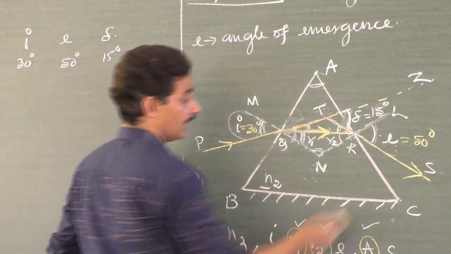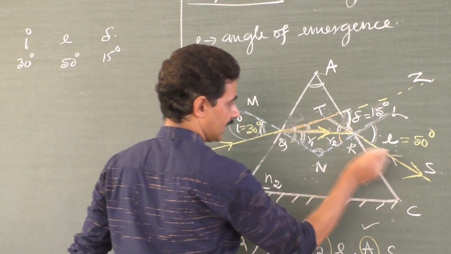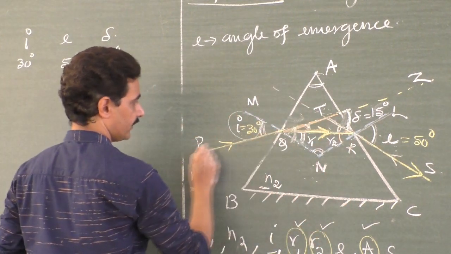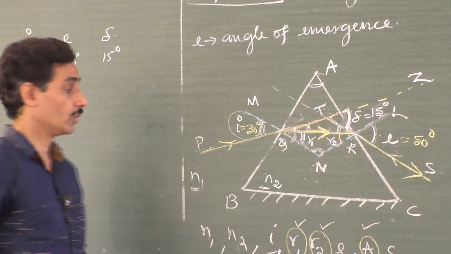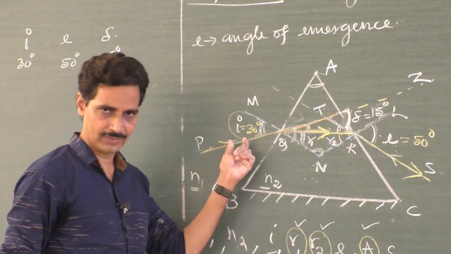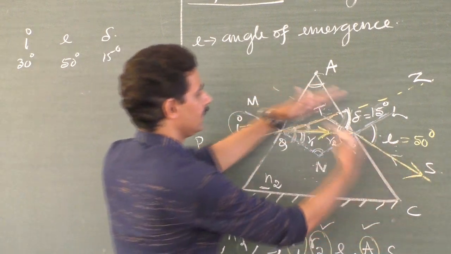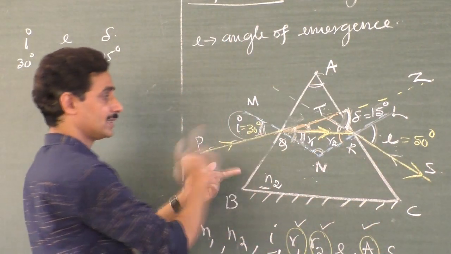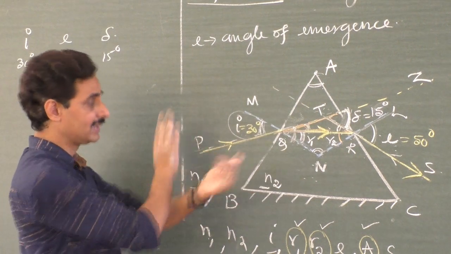No, never, because when you put the ray of light like this and it comes out like this, this is the original direction, and this is the final direction. Angle of deviation doesn't change. It is the same. So whether it is the 30 degree angle of incidence or angle of incidence 50, angle of deviation is the same. Only the original direction and final direction lines will get interchanged.